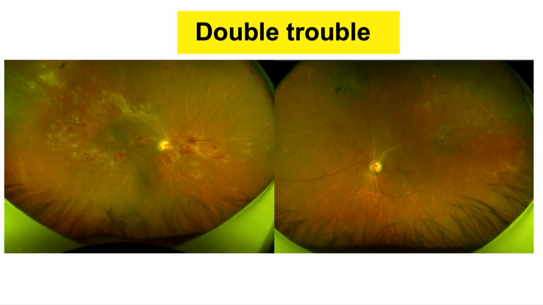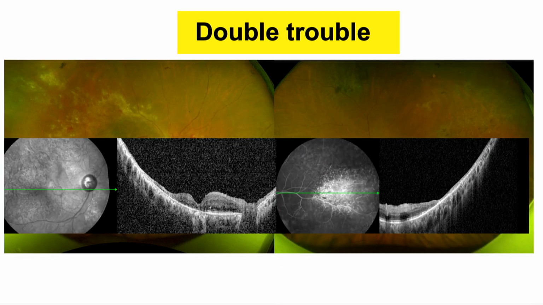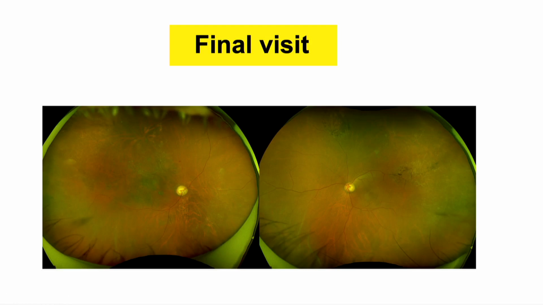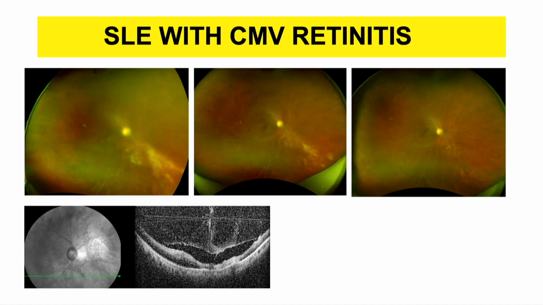We talked to the HIV specialist, and we found that the patient was not receiving treatment for syphilis. He was syphilis positive. So we simultaneously treated him for syphilis, and see the OCT here, the retina is so thinned out because of the viral attack. And this is the final follow-up visit, and he's doing well, under control.